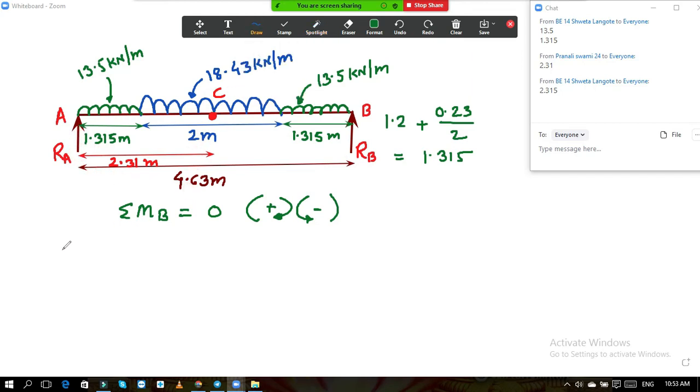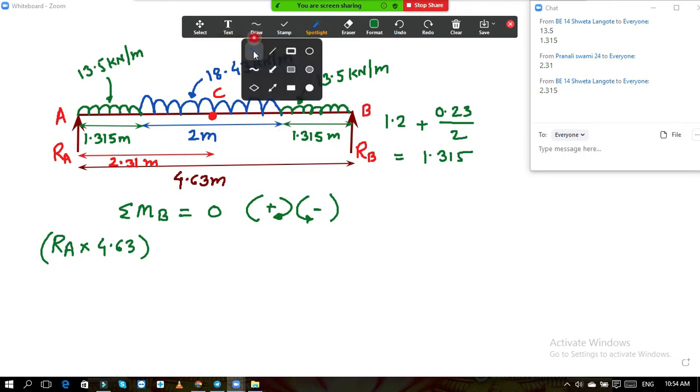So it will be RA into 4.63. Now RA is moving upward, and if I rotate it about the point like this, then it is clockwise, so it is positive.